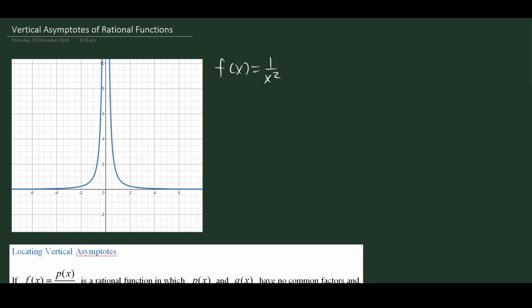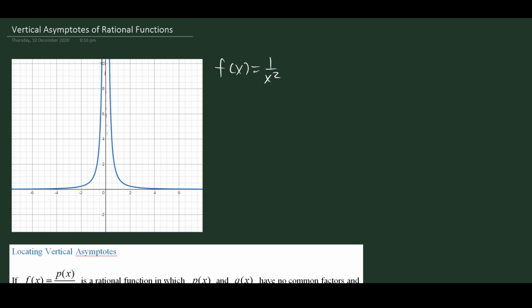You see right here, the graph approaches but does not touch the y-axis, right? The graph is approaching the y-axis from the right and from the left, as x approaches 0 from the right and from the left, but it never really touches x is equal to 0.